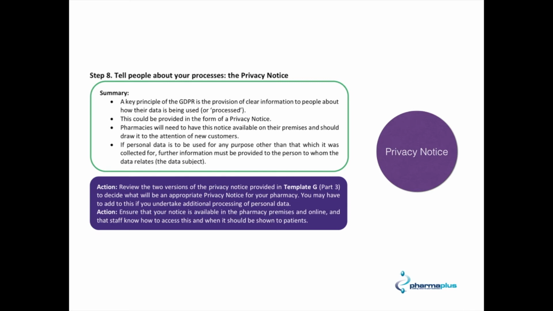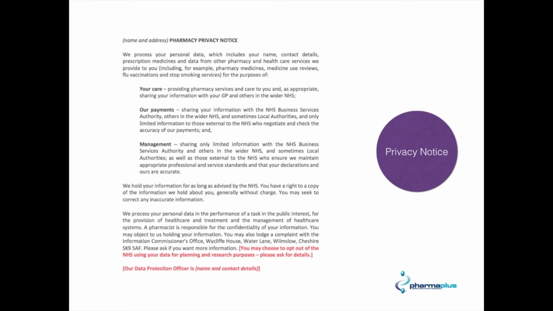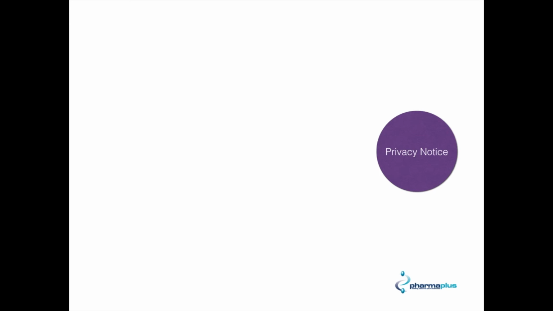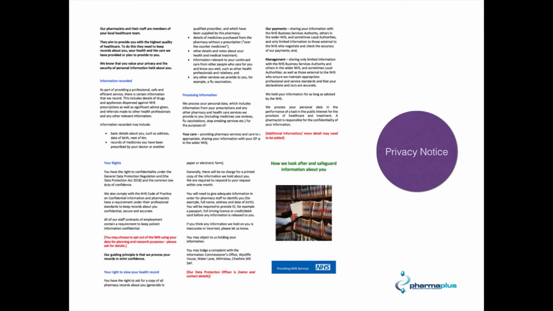In other words, you need to make sure that it's available on the premises and also online, and the staff know how to access it. So this is one example that you can use, and the workbook also provides another one that you can adapt as well.